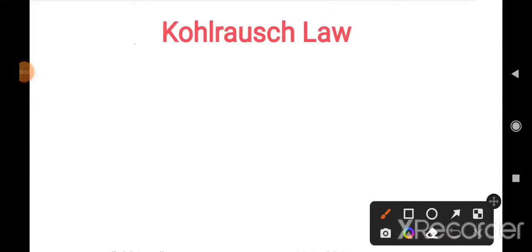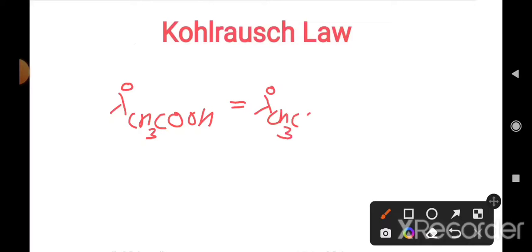For acetic acid, how do we write this value? Lambda m naught for acetic acid CH3COOH can be written, as we know, as lambda m naught CH3COO negative plus lambda m naught H plus. So this is according to the Kohlrausch law. But for the weak electrolyte, we cannot find it through extrapolation, so lambda m naught value cannot be determined directly.